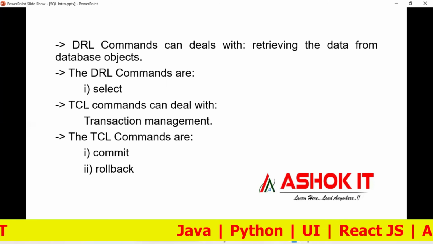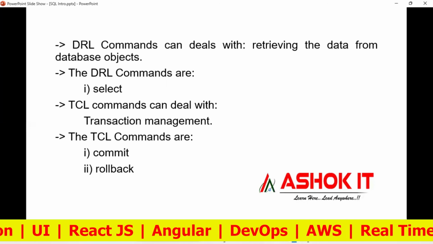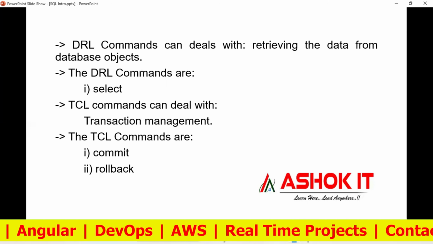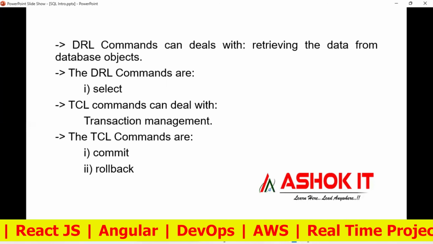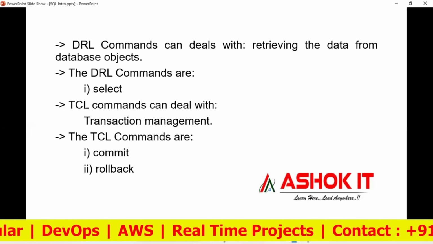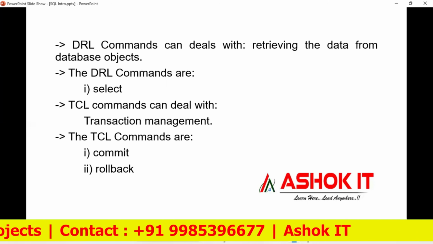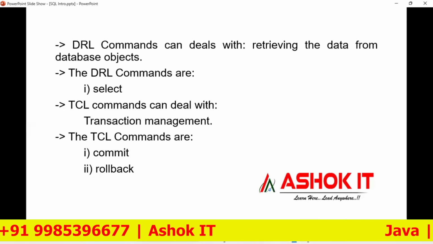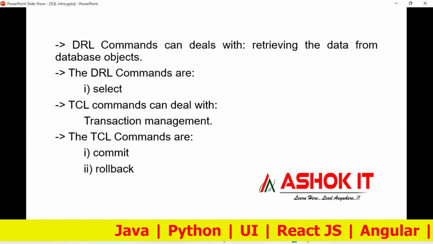Those are called the TCL commands. The TCL commands are commit, rollback, etc. So these are the 5 different types of SQL commands that we have. We need to know about all these commands, how to use them and everything in depth in our coming classes. There we will discuss more about these commands.